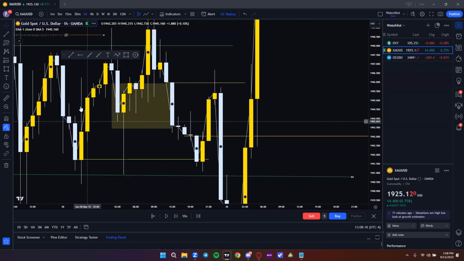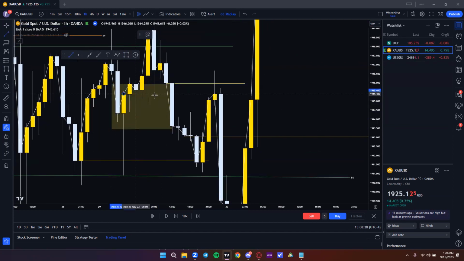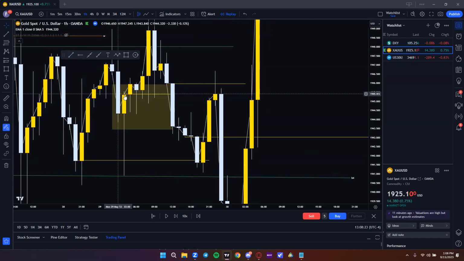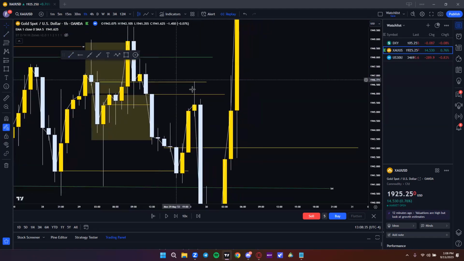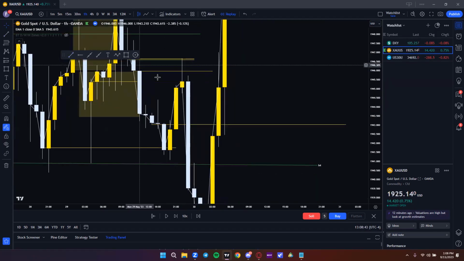This movement closed below here. This push up closed above here. So it also tests that level as well, and you can see that it lines up with this level here.